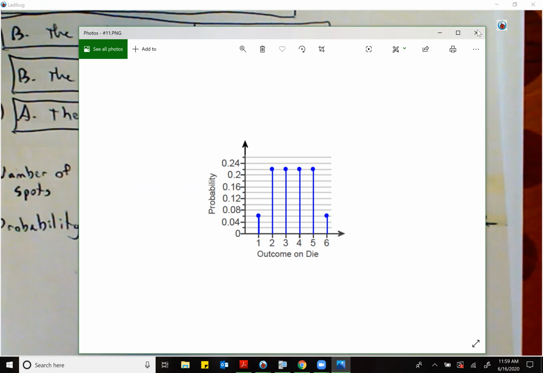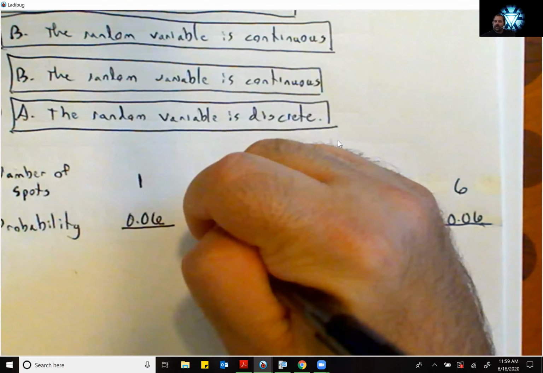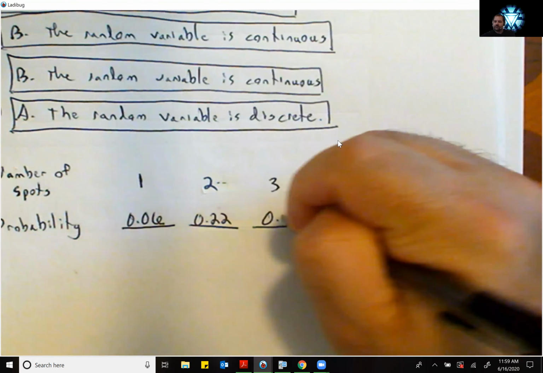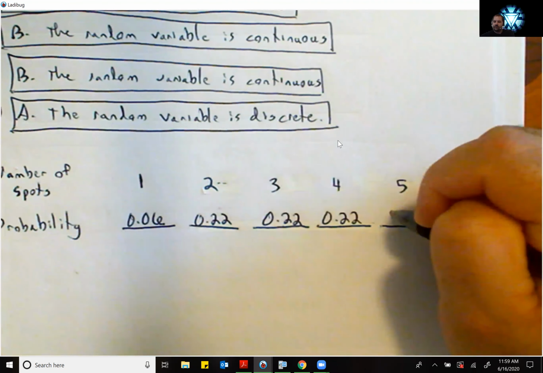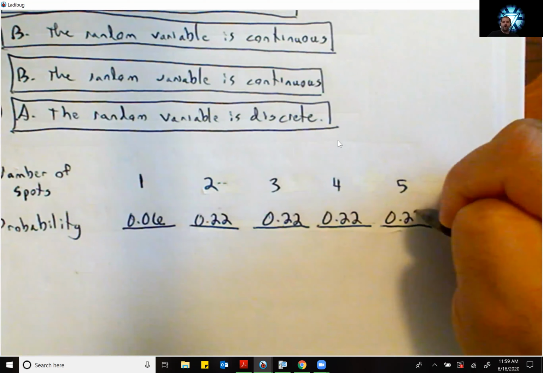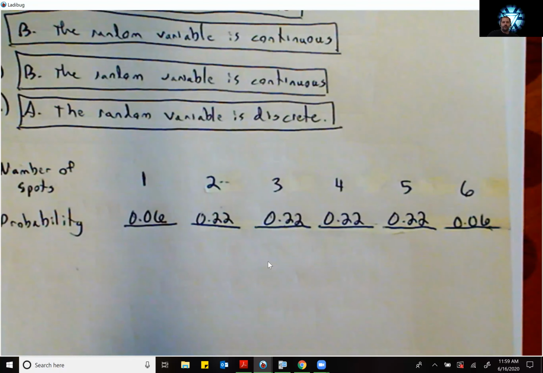Do they not want that in percentages? We'll look at that in just 1 second, see what the directions say. So there are their probabilities. Remember the first and the last one were 0.06 and then everybody else was 0.22. So let's go back and see if it said percentages.